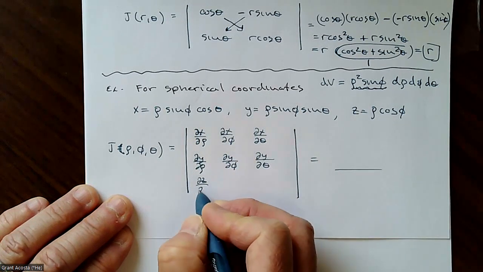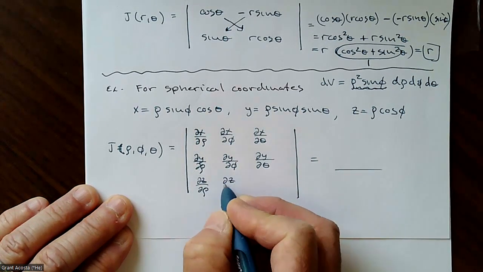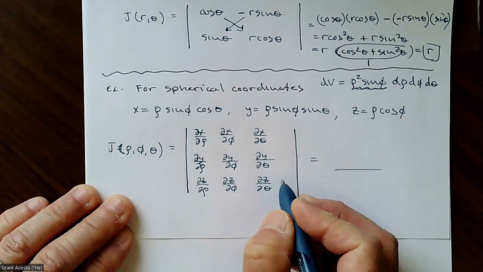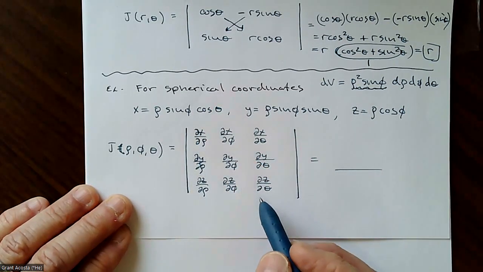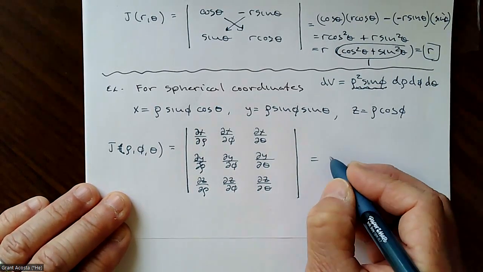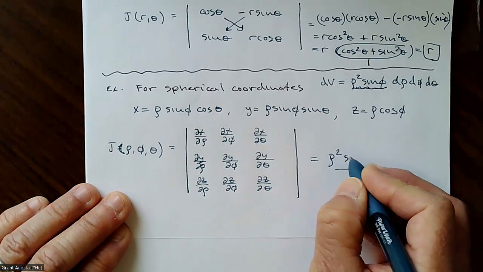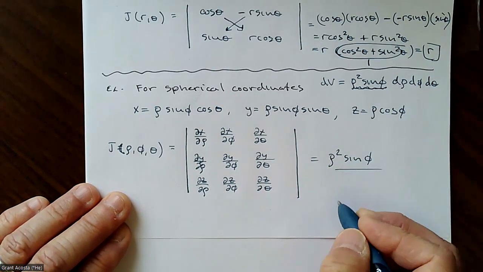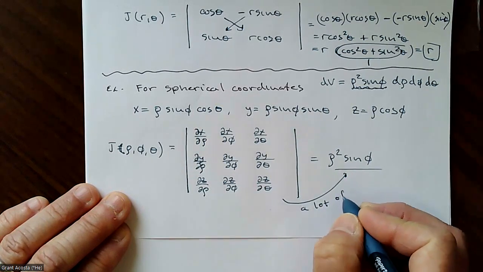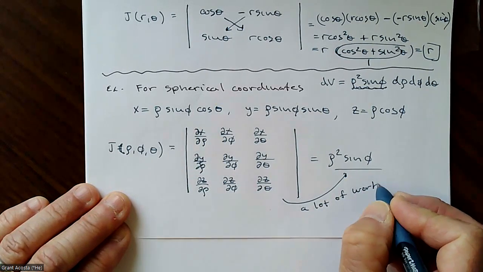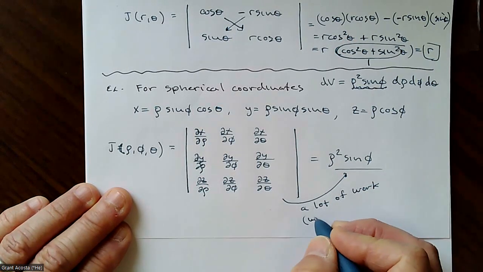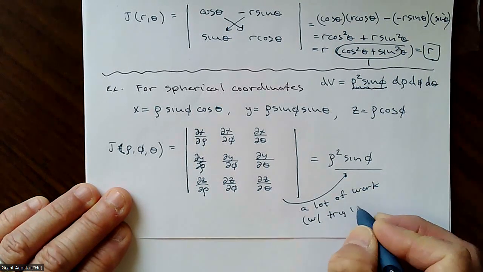Partial of Z with respect to rho, partial of Z with respect to phi, partial of Z with respect to theta. If you work this out and do the 3x3 determinant, after a lot of work, this is not easy, you will get rho squared sine phi. I'm sure there are going to be some trig identities, so I'll put in parentheses with trig identities.